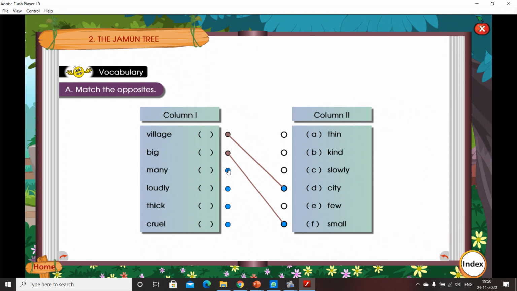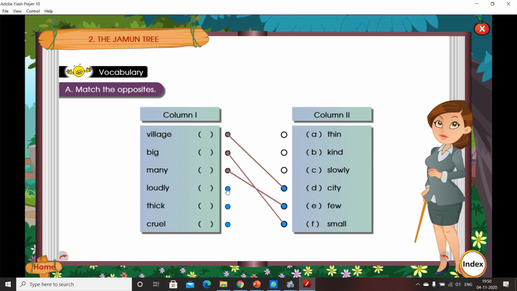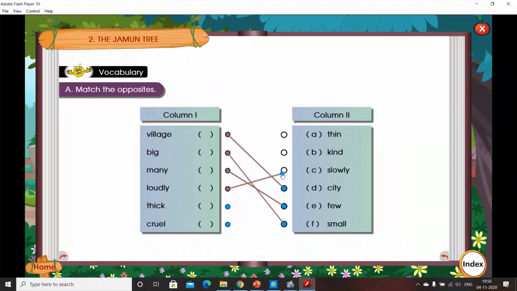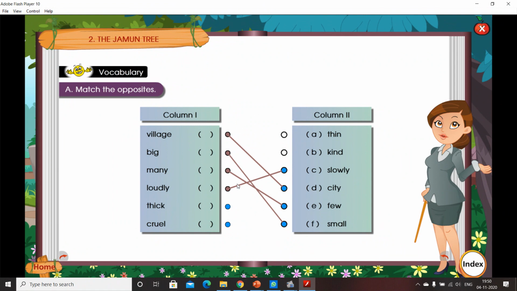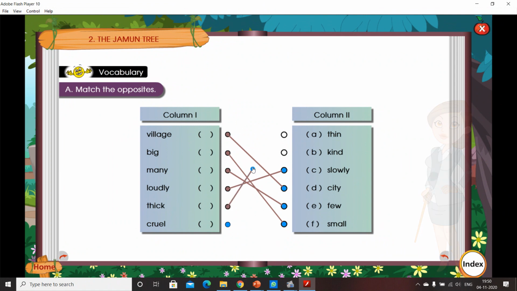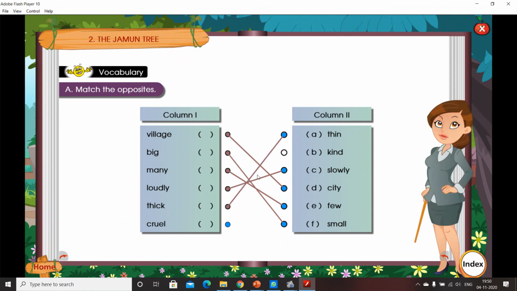Many, few. Loudly, slowly. Thick, thin. Cruel, kind.